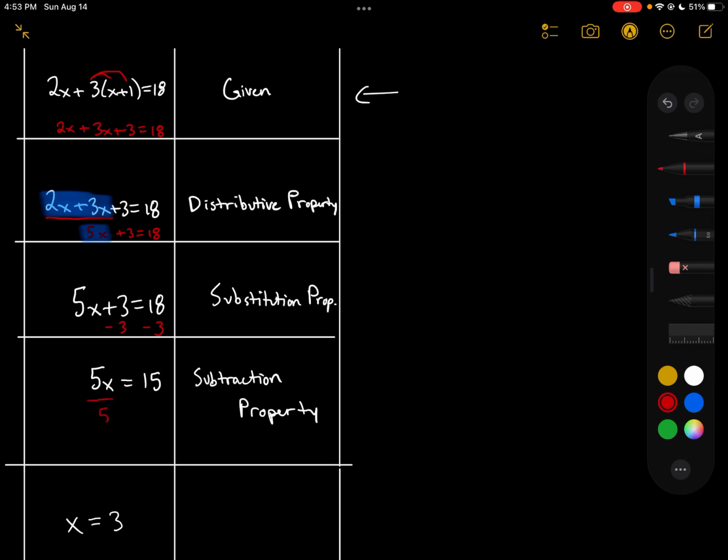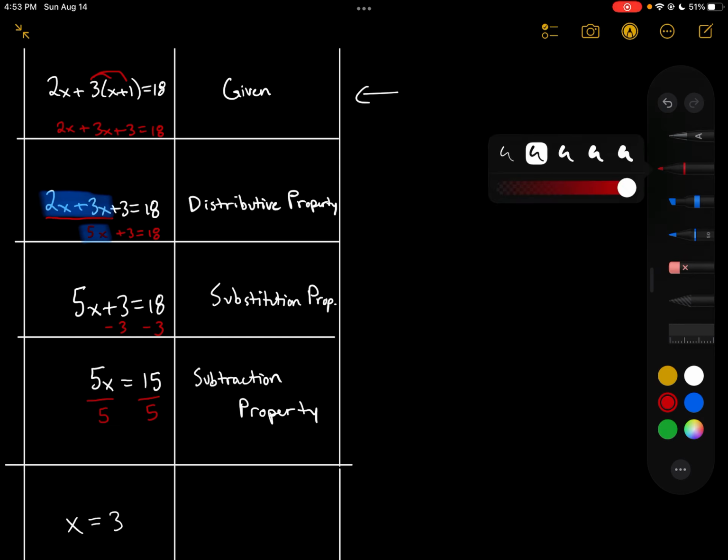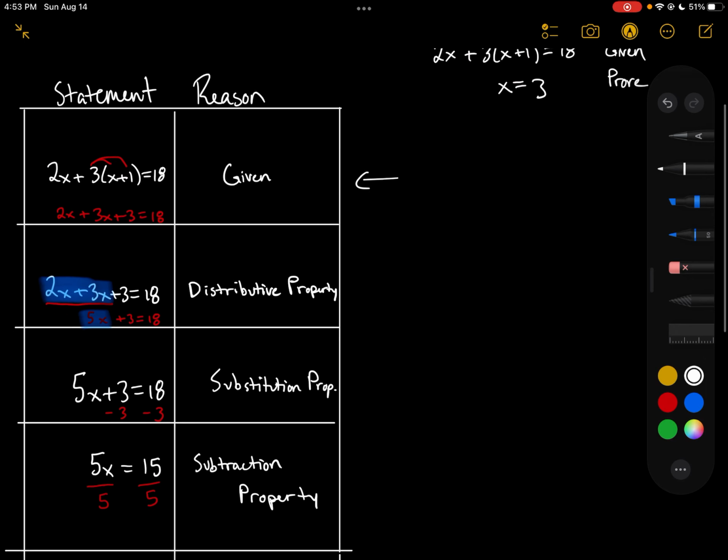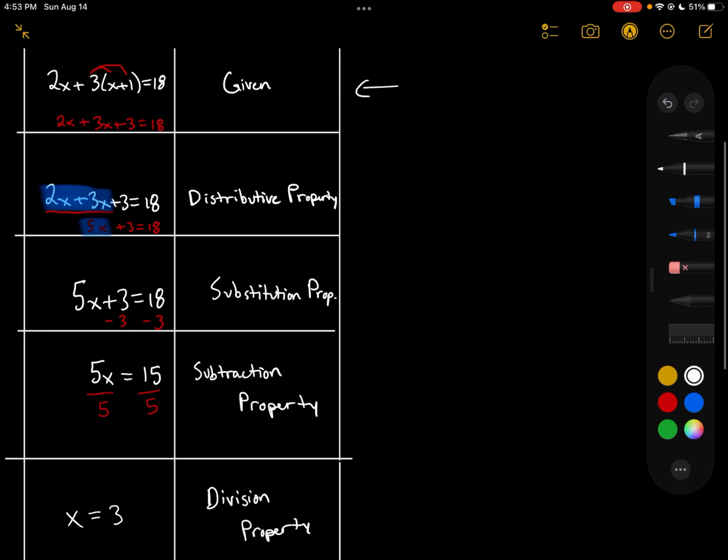Again, solve it like we normally would. We would want to divide both sides by 5. And when we do that, we would end up with just x on the left and 3 on the right side. So conveniently, we did get to the answer we were looking for. And the way that we did that was with division. And just like that, in white ink, we have successfully filled in our proof.